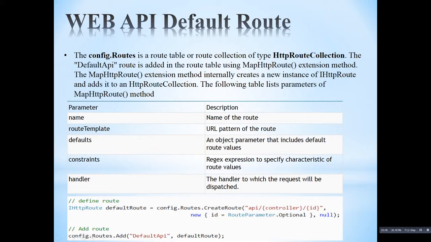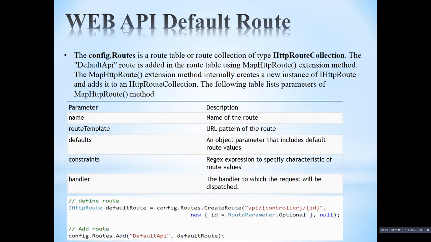The following table lists the parameters of the MapHttpRoute method. It contains name, defaults, route template, constraints and handler. This is the name of the route, the URL pattern, and the defaults. We can also give constraints, and a handler to which the request will be dispatched.